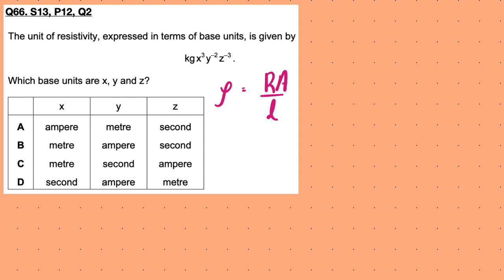So resistance, I can say, is voltage over current, but again for voltage I need this base unit as well, and voltage I can say is work done per unit charge. Now for the purpose of MCQs, if I remember the base units of work or of energy, that's going to make my life easy.